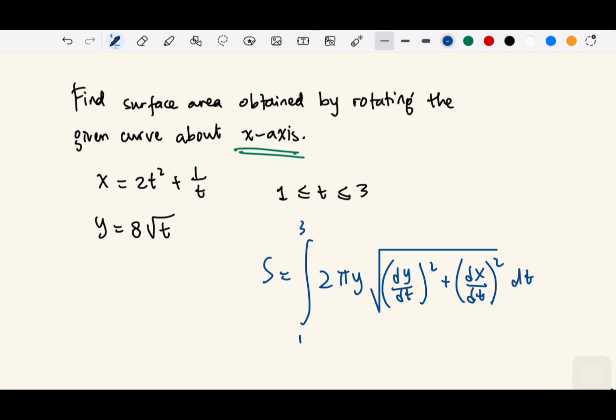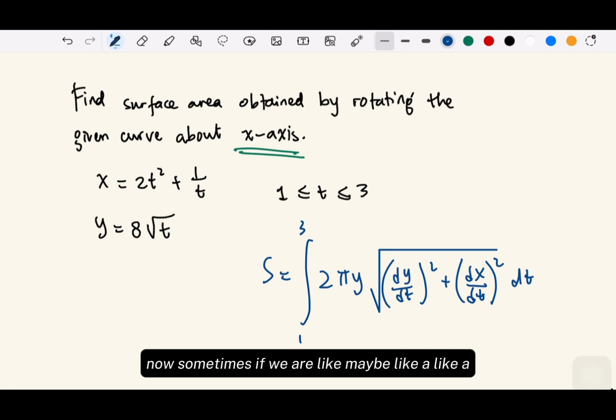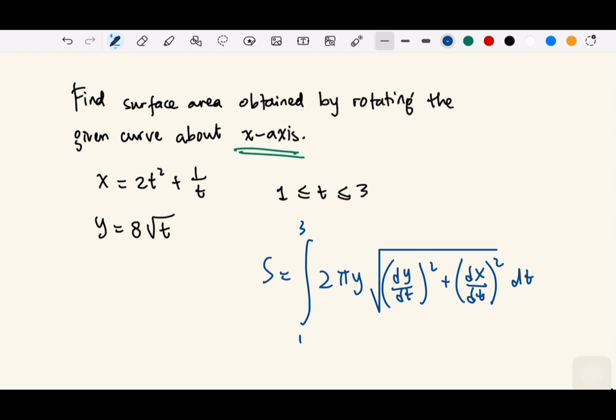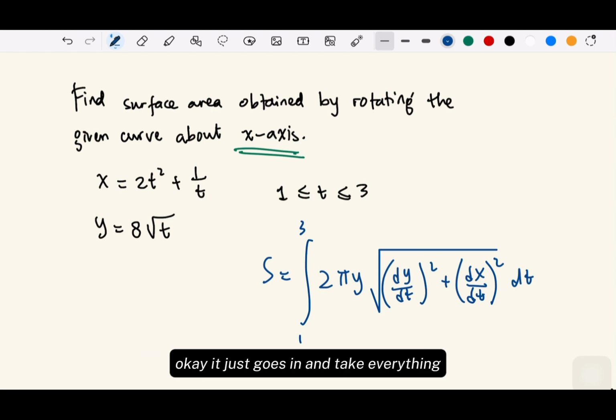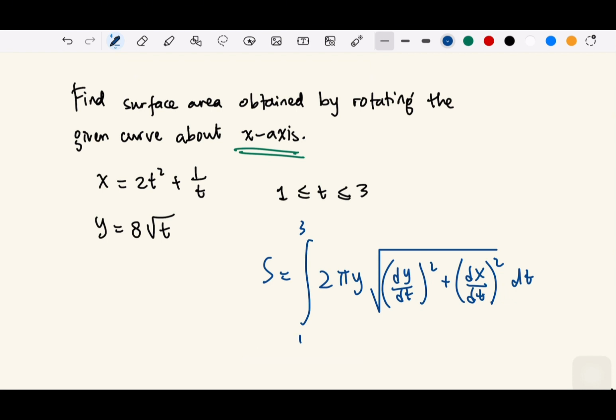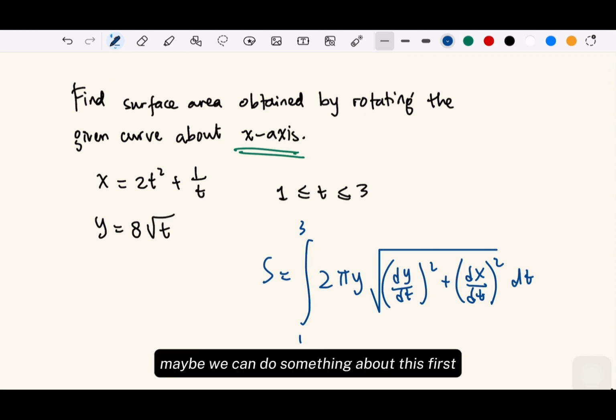Okay. Now, sometimes, like young children, we just go in and take everything, right? But if we look closely, maybe we can do something about this first before we try to force the integration.